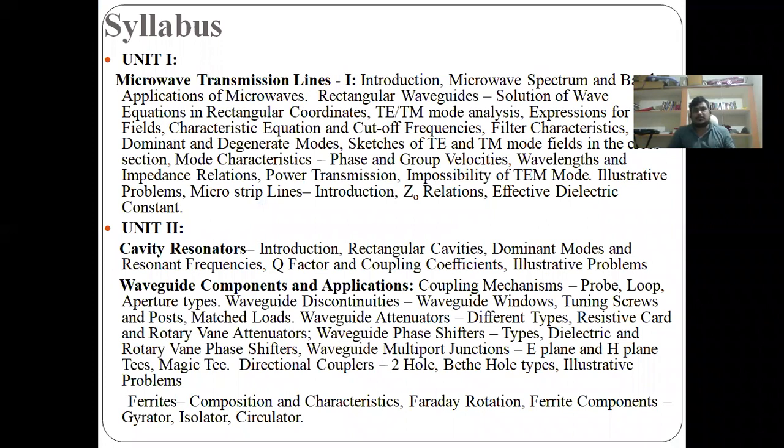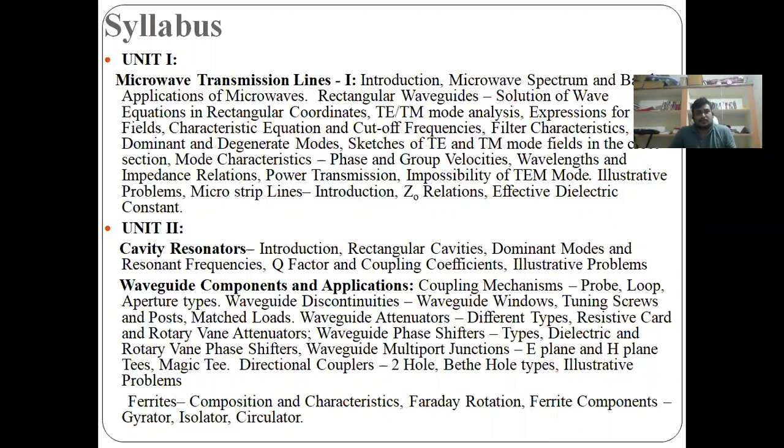Coming to the syllabus, we are studying in this course, starting with microwave transmission lines. The basic prerequisite subjects to understand microwave engineering are electromagnetic theory and transmission lines, plus electronic devices and circuits.